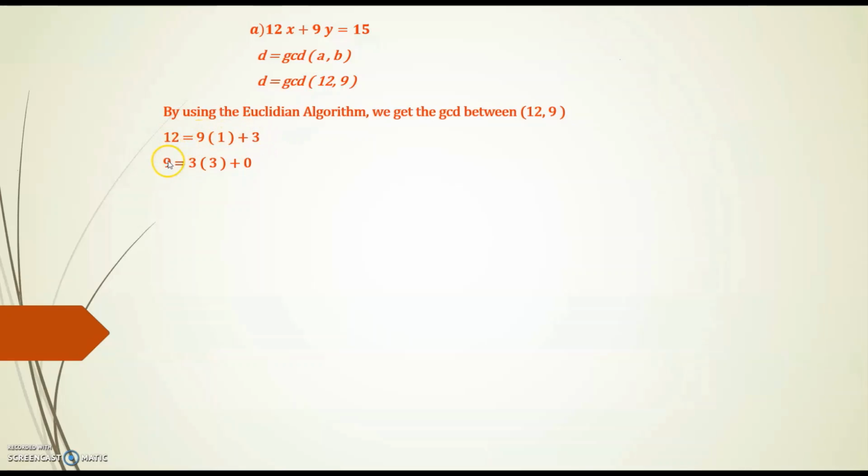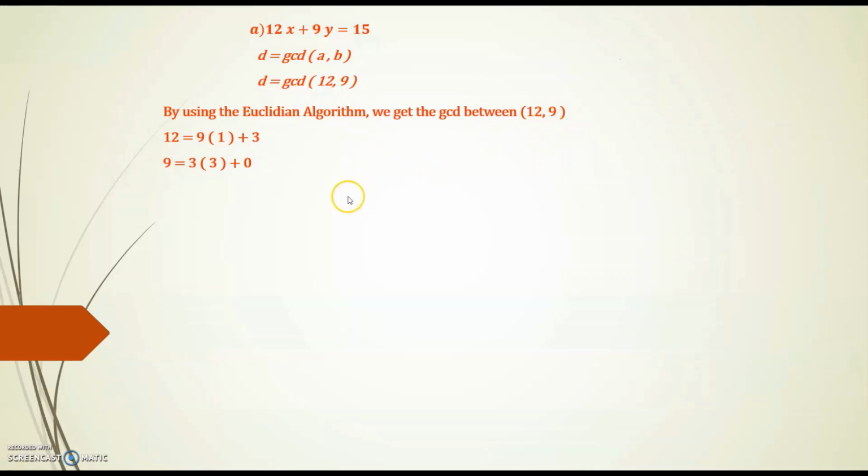Then we get the 9 down, and 9 is equal to 3 times 3 plus 0. So we can say that 3 is the GCD, the greatest common divisor between 12 and 9.